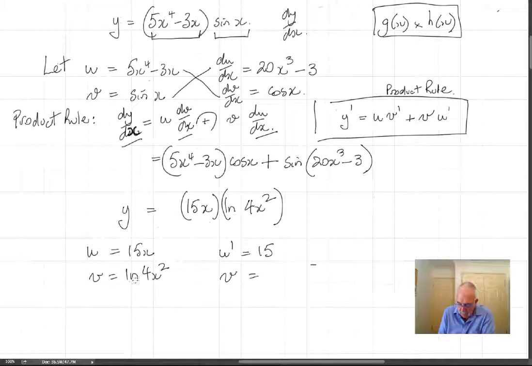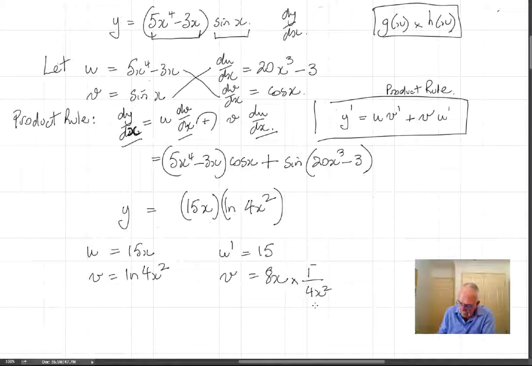Now, the shortcut we learned was that we differentiate the inside first. Differentiating the inside is finding the derivative of 4x squared, and that is 8x, times the derivative of ln, which is 1 over, and what's it ln of? 4x squared.